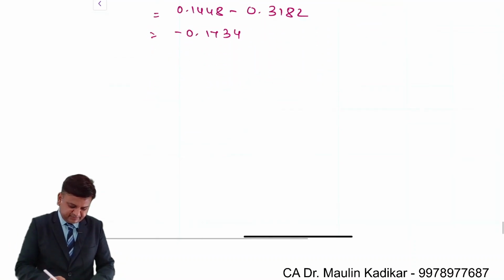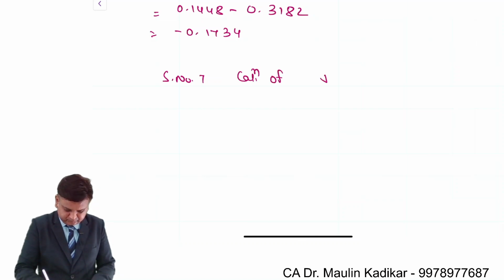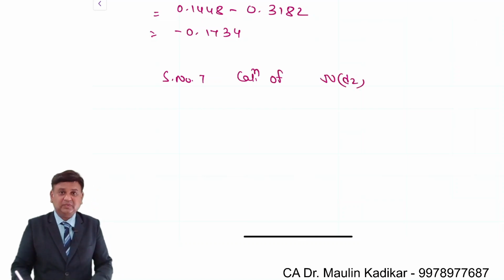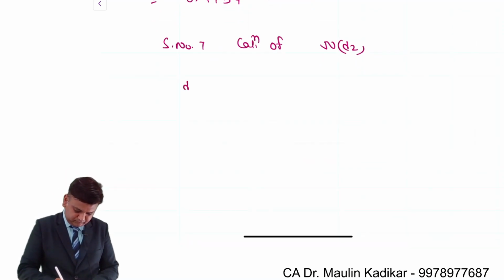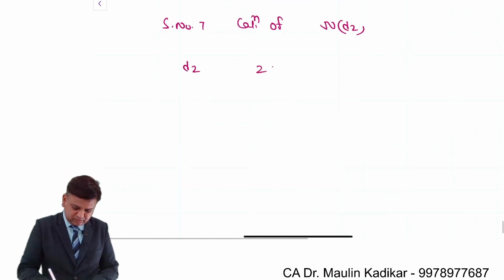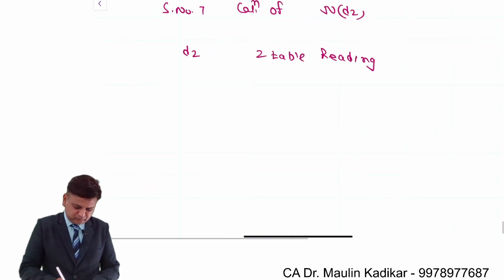So let us see step number 7. Calculation of ND2. So D2 and Z table reading. So 0.17 and 0.18.